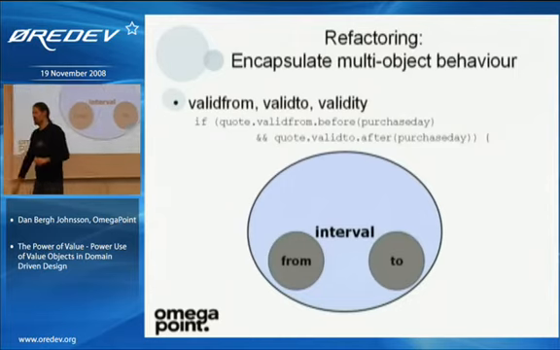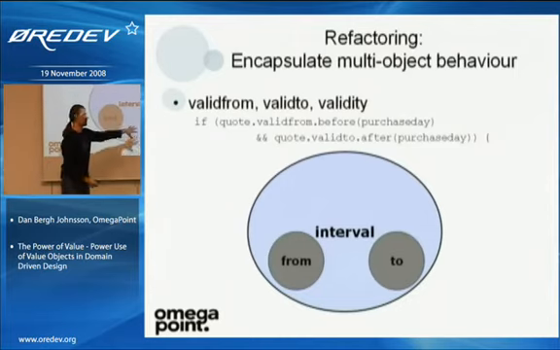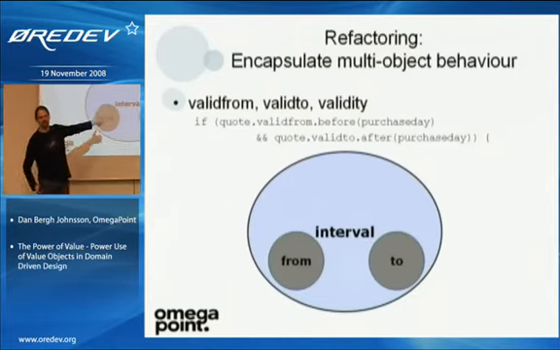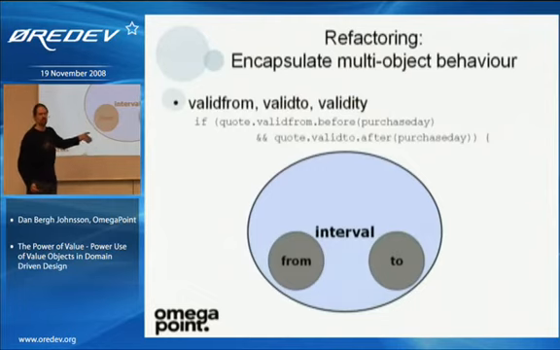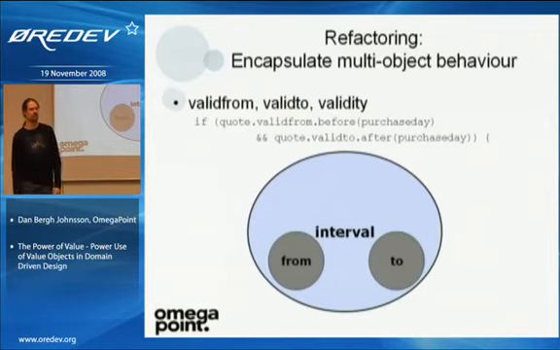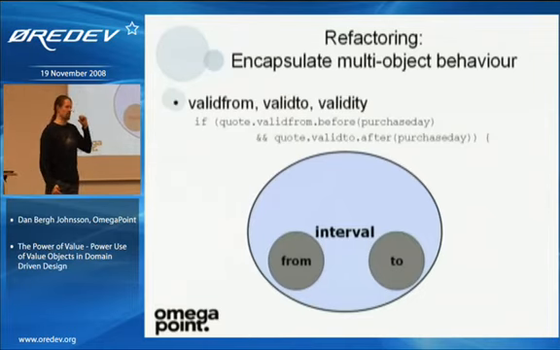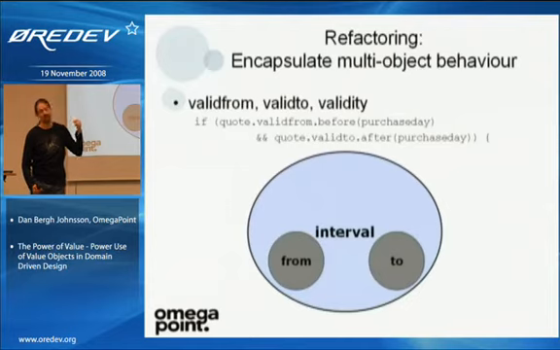In this case, well, we got from and to, and that makes sense to make a time interval. Okay. Anyone here familiar with Time and Money or Joda Time? Yeah. So, obviously, you can find this kind of classes in the standard libraries. And it might be a standard library in Java 7.